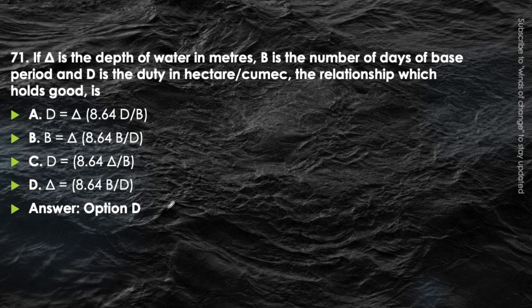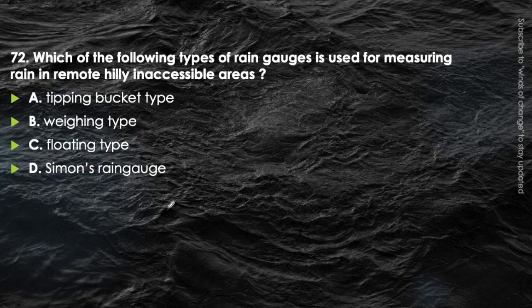Okay. Next question. Which of the following types of rain gauge is used for measuring the rain in remote, hilly, inaccessible areas? Tipping bucket type, weighing type, floating type, or Simon's rain gauge? Think about it. In the remote, hilly, inaccessible area, we need a type of rain gauge which is automatic, in which we should not have to remove the water after some time.